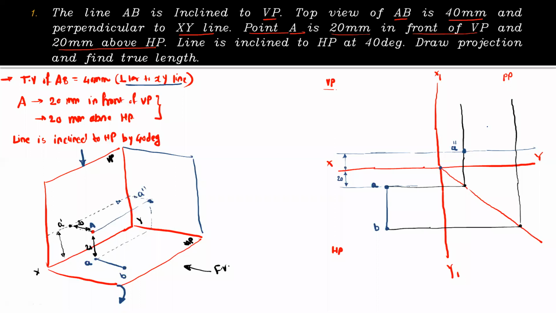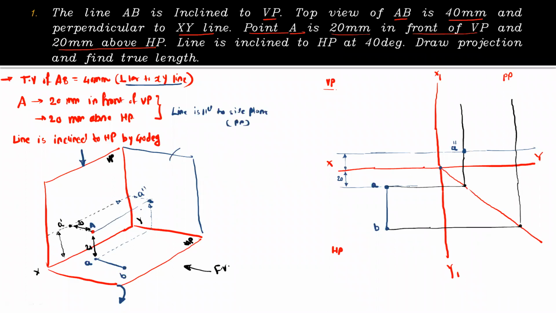Now we want to locate the B double dash. As the top view AB is perpendicular to XY line, that means in this side view, we will get the true length. That means line is parallel to side plane, that is a profile plane.